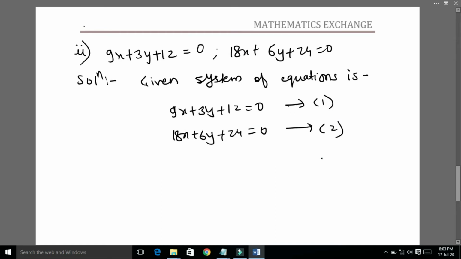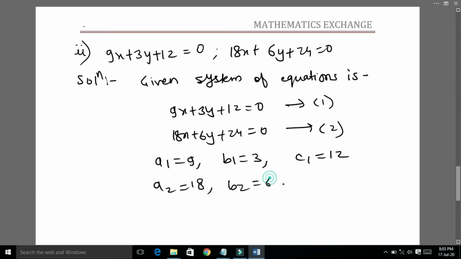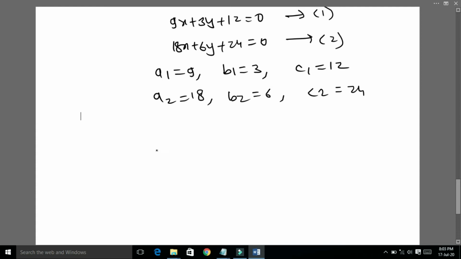Now again these are in standard form. So a1 is 9, b1 is 3, c1 is 12, a2 is 18, b2 is 6, c2 is 24. Now we find out the values of the ratios.